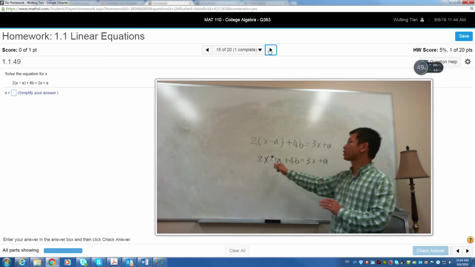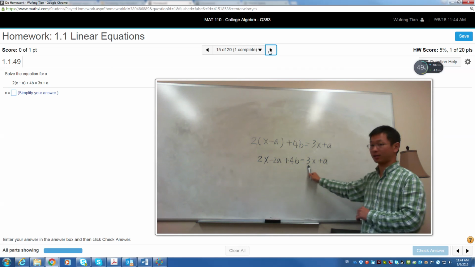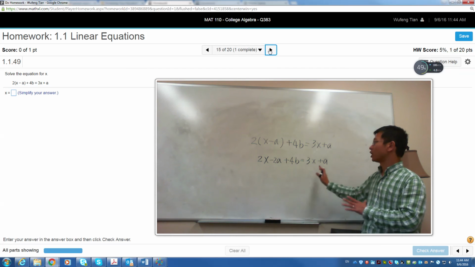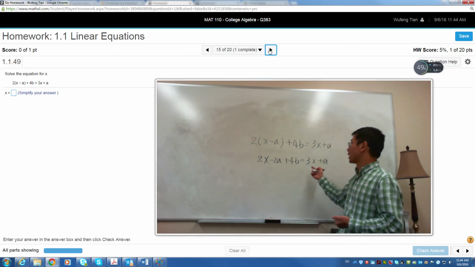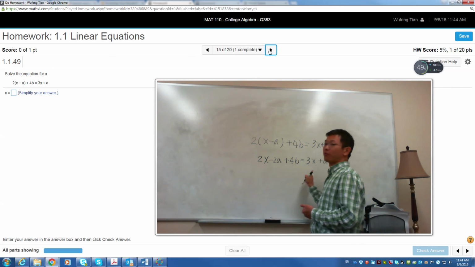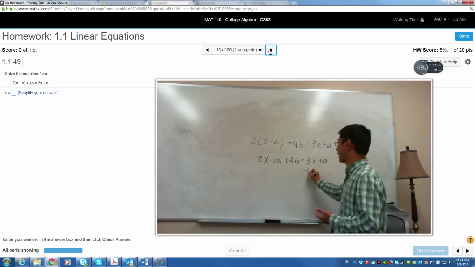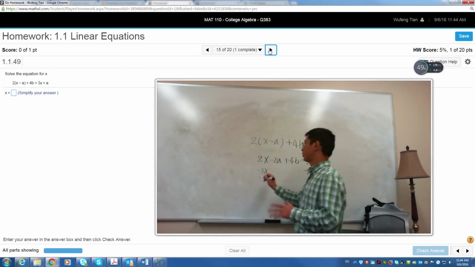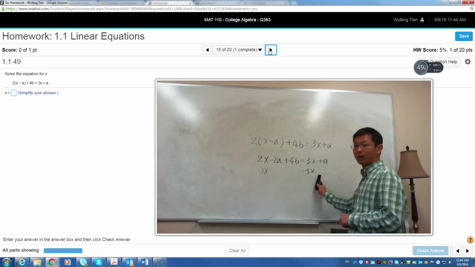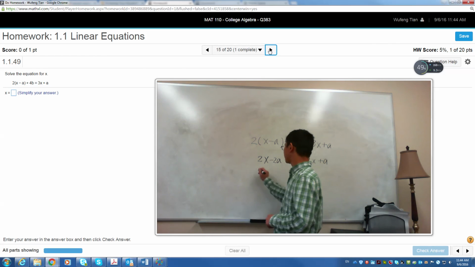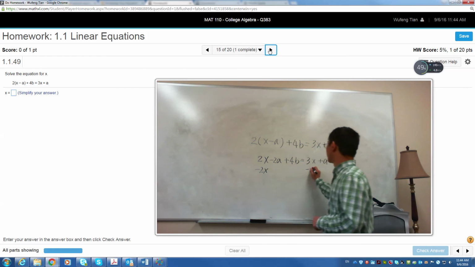You can either subtract 2x from here, subtract 2x here, then you have x on this side. You can choose which side you want. For here, I would like to subtract 2x from both sides. You can subtract 3x like this. It's fine. It's not necessary to always subtract 3x. You can subtract 2x and subtract 2x here.